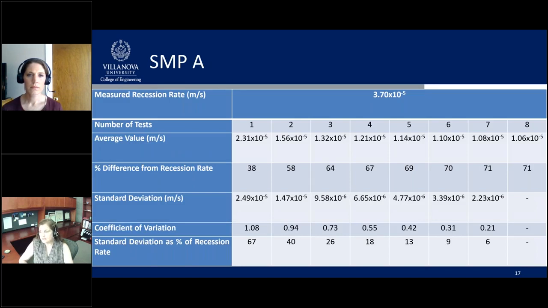So I'm going to be focusing in on just one of the rain gardens that we analyzed with this. SMPA was the rain garden that was located off to the side of I-95 in the city of Philadelphia. The measured recession rate was 3.7 times 10 to the minus 5 meters per second.